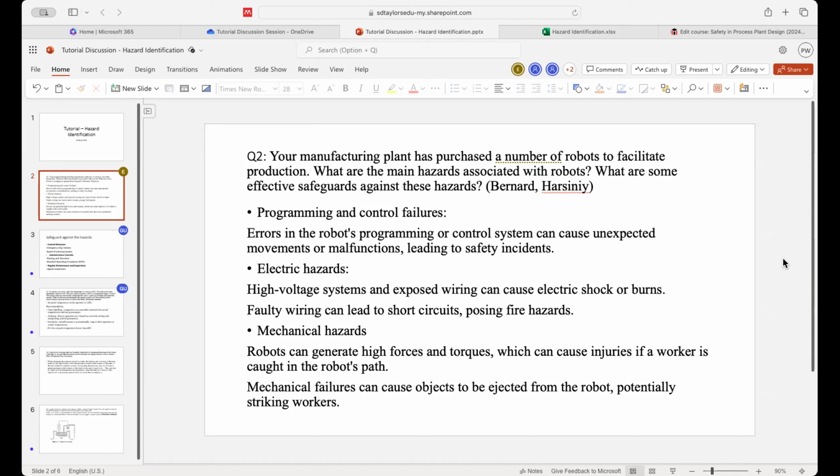Mechanical failure can also cause objects to be ejected from the robot if the maintenance team doesn't do the screwing well, so it can strike the workers. Yeah, this is for my part. Thank you.